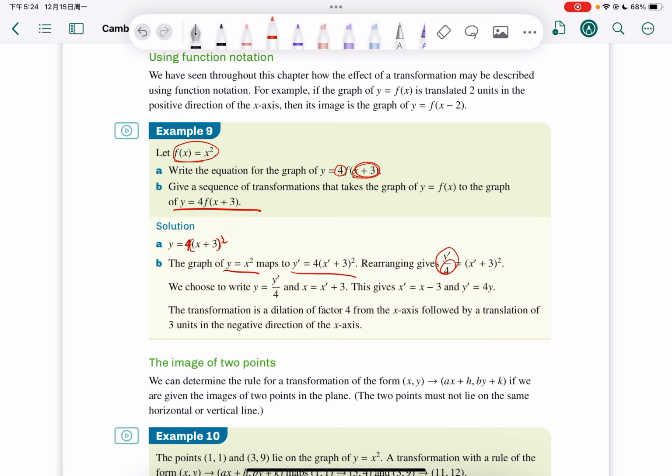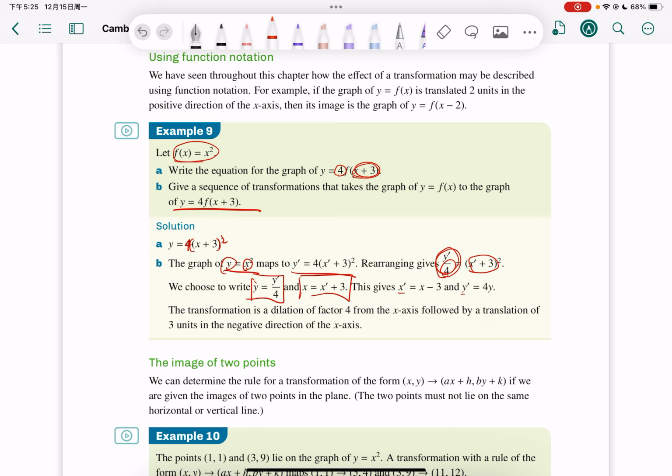And we also write 2 equations, which correspond the x with x prime plus 3 and the y prime over 4 with the y. And that's the two equations. And it gave us x prime and y prime. And you can do the transformation.